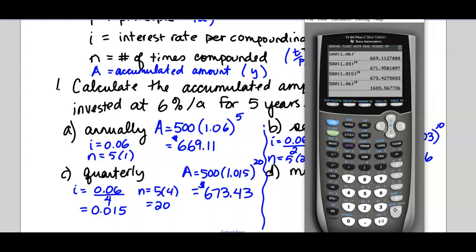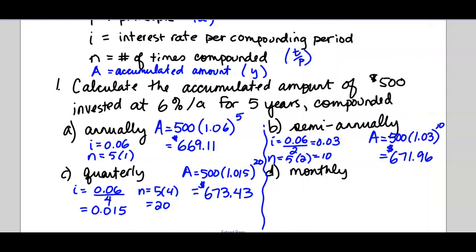That's $1,603 for a $500 investment. Likely that's not going to happen, right? That's more than triple, exactly. So be aware of that. Always check. You have to do both the inside and the exponent, not just one, both of them.